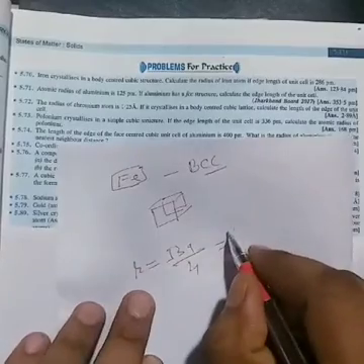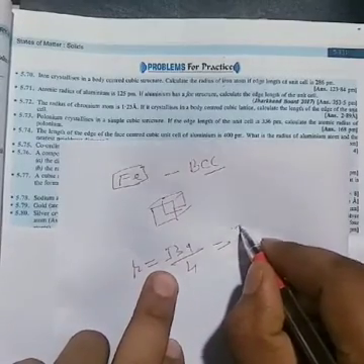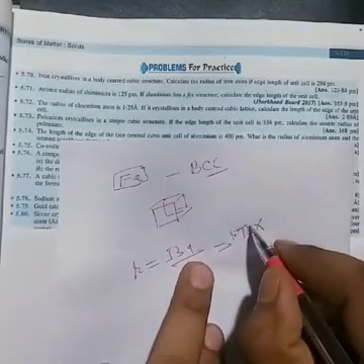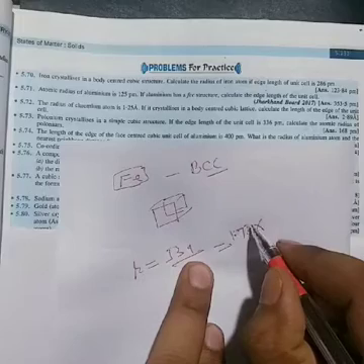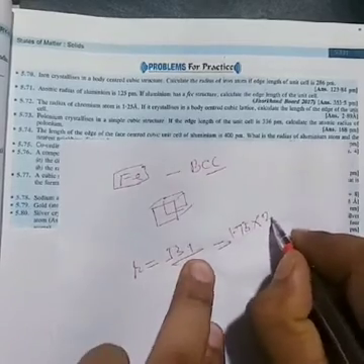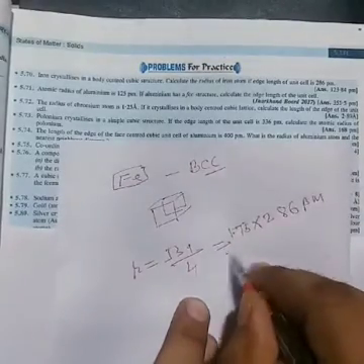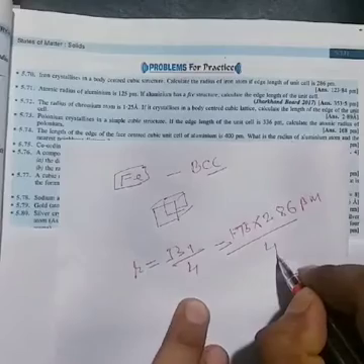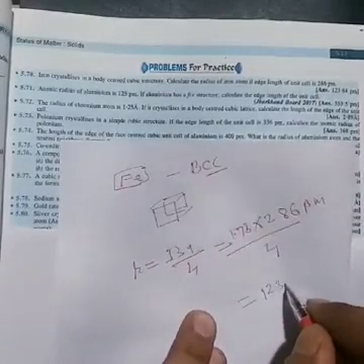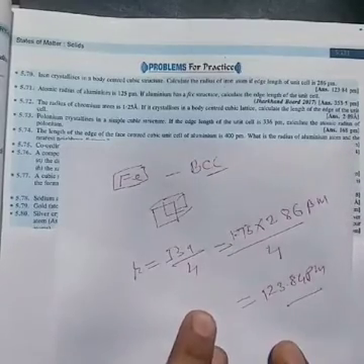Now put in the value: under root 3's value is 1.73 into a's value, which is 286 pm, upon 4. Finally what you get is 123.48 pm. Very simple, students.